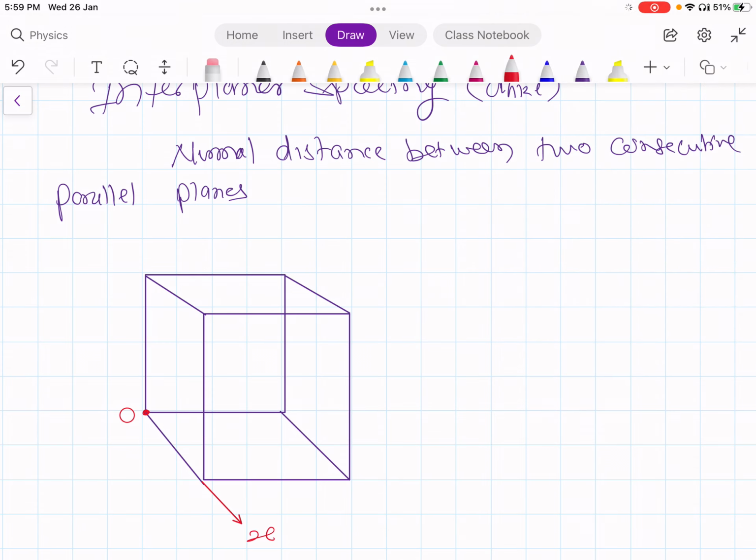This is x-axis, y-axis, and z-axis. So these are the three axes, x, y, and z.